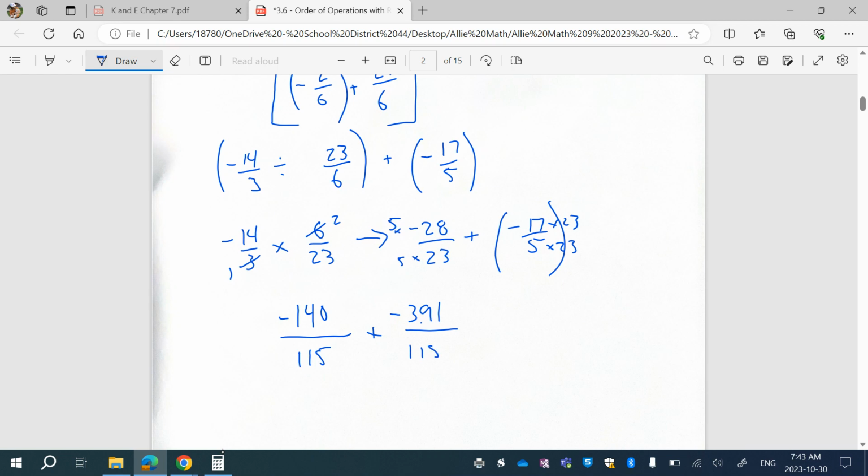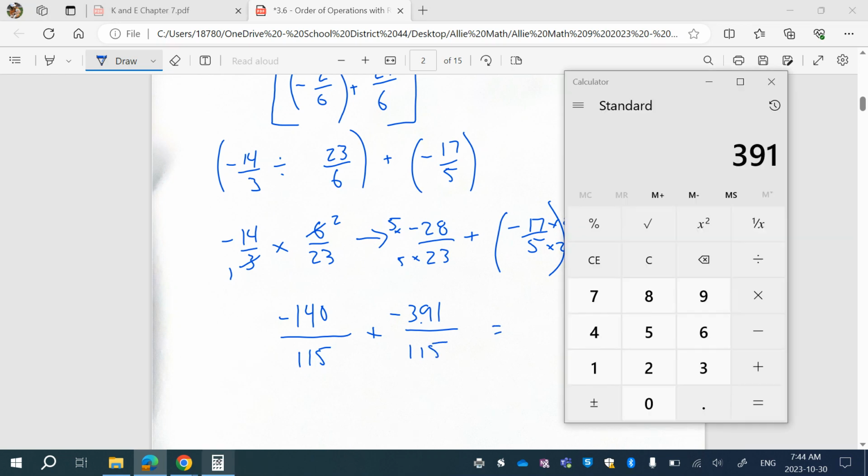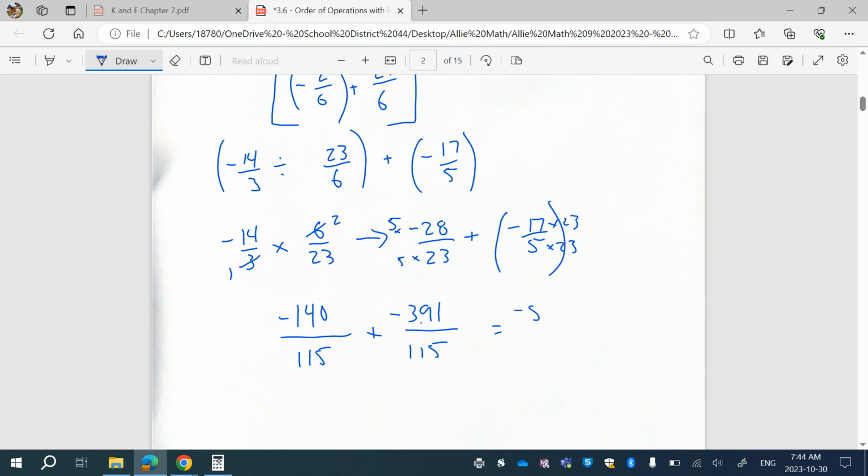We just found out to be 115. So now let's add our tops. It's 2 negatives, so it's going to be negative 391 plus 140 equals negative 531 over 115.